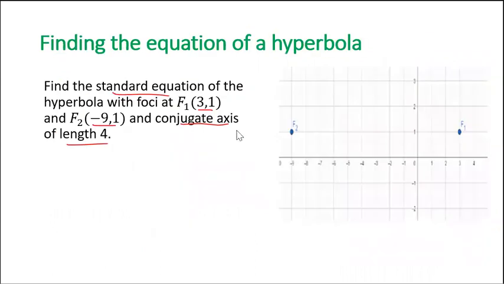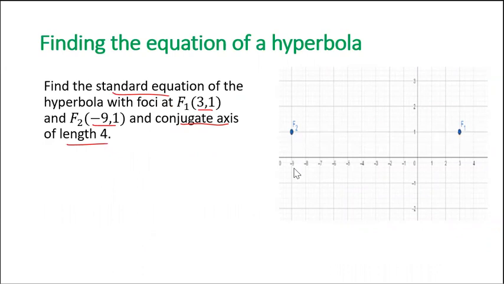Okay, so going back here, since the given points are the foci, we can determine the center by getting the midpoint of these 2 points. Since this is a horizontal line segment, it's easy to determine the midpoint by just getting the distance of these 2 foci.